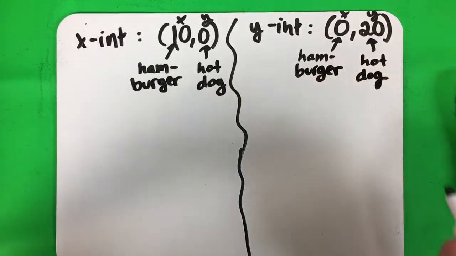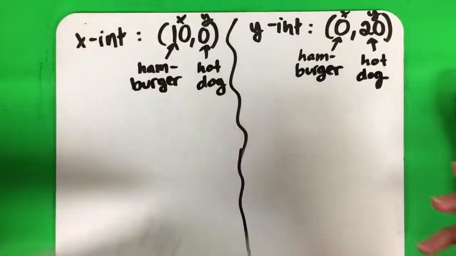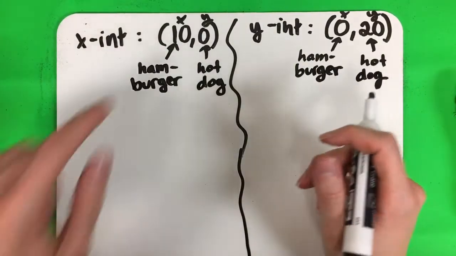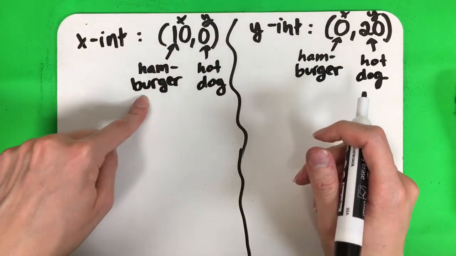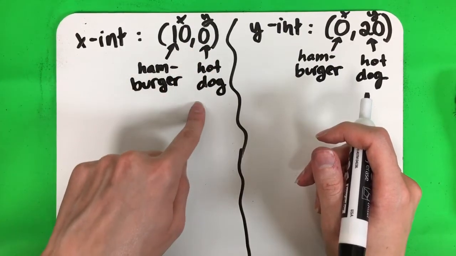So what do they represent? Well, you have $30. With $30, you can buy 10 hamburgers if you don't buy hot dogs.